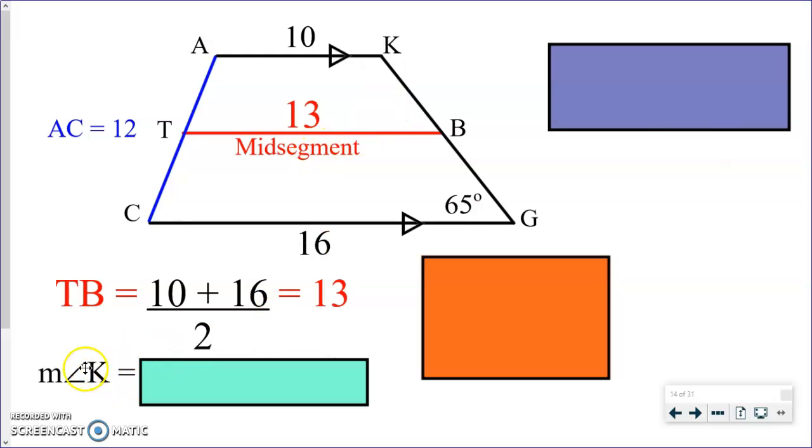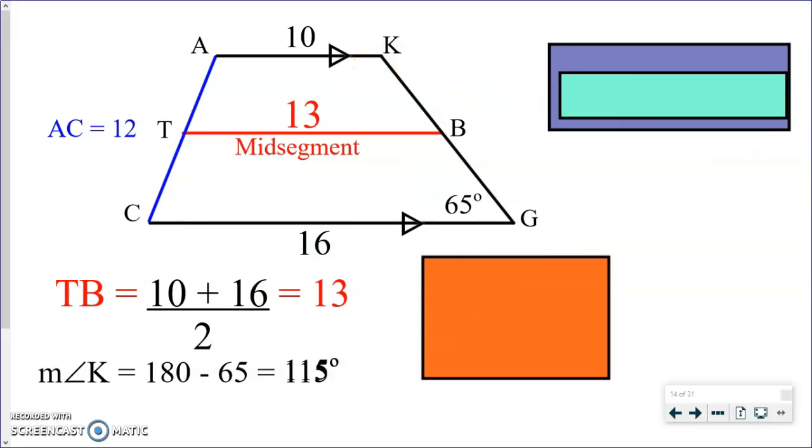And then the measure of angle K. Well, in every trapezoid, these two angles are going to be supplementary. So to find angle K, we subtract 65 from 180, and we get 115.